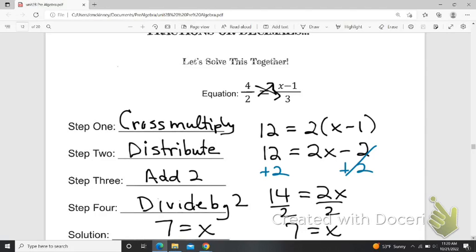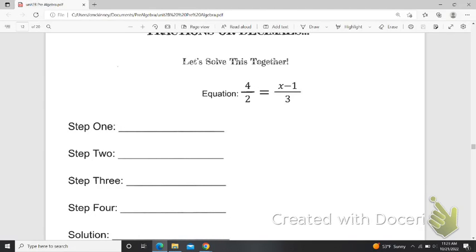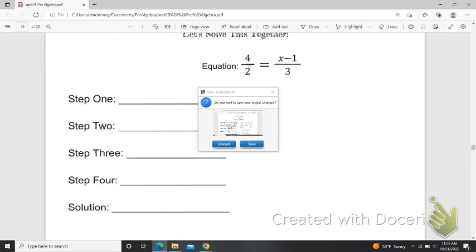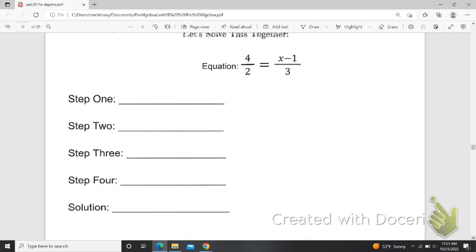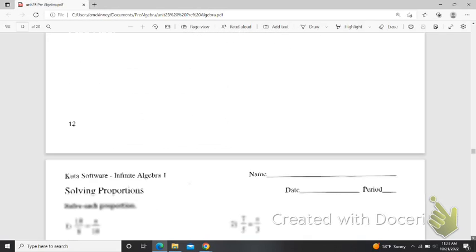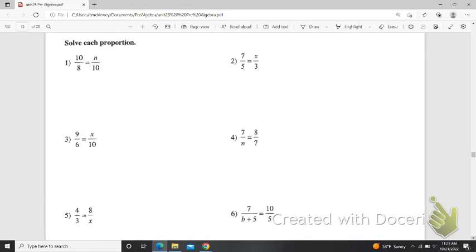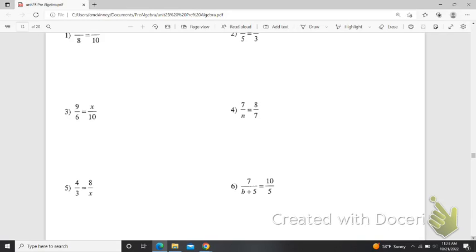So I'm going to go there to show you a couple more examples, because I don't think this next page should give you too much difficulty. So the beginning of the next page, problems 1 through 5, are very straightforward, cross multiply and then divide, and that's all. They cross multiply to just be a one-step equation.